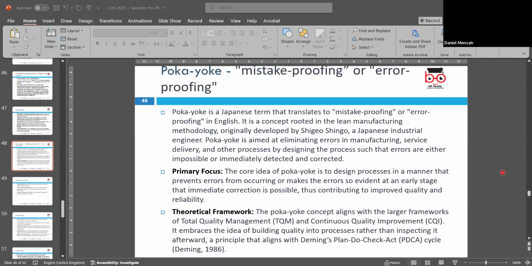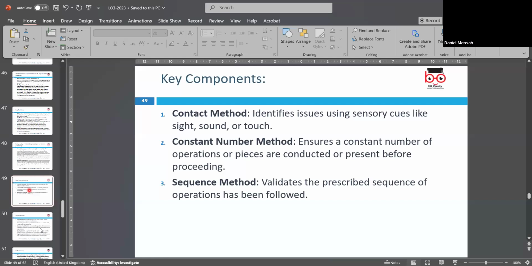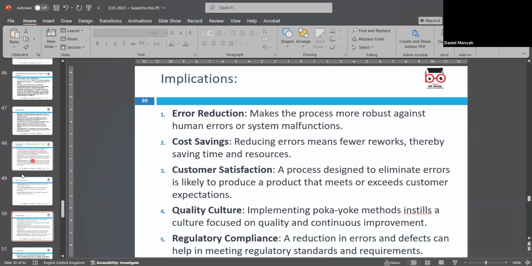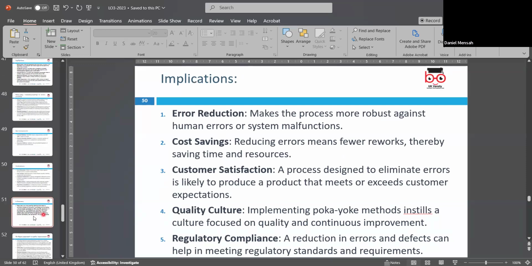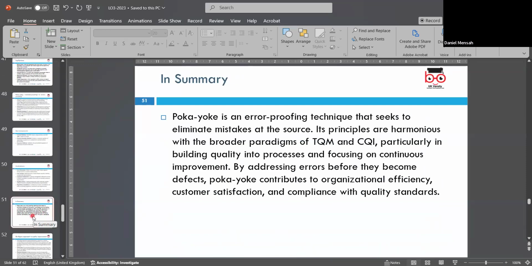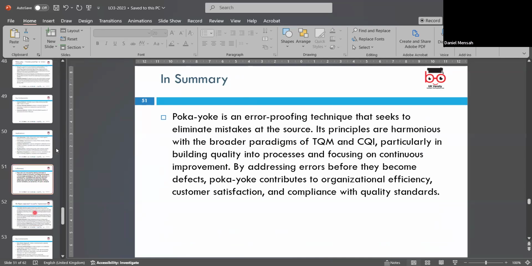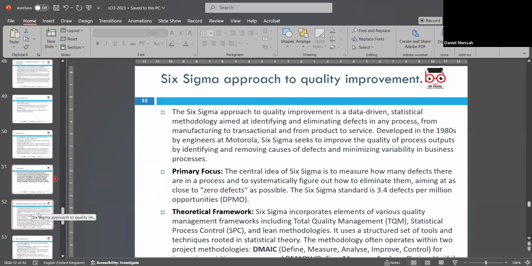They are not focusing on correcting at a later stage if anything happens; you want to fix everything from the beginning. These are the implications of this approach. So in summary, all these techniques help and support quality improvement and contribute toward total quality management.